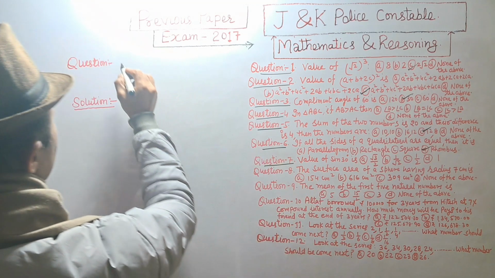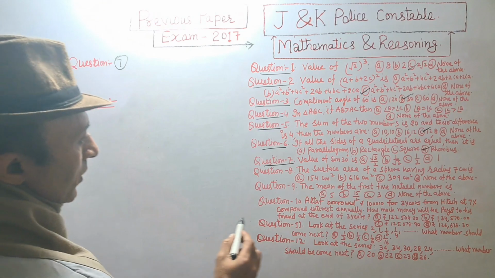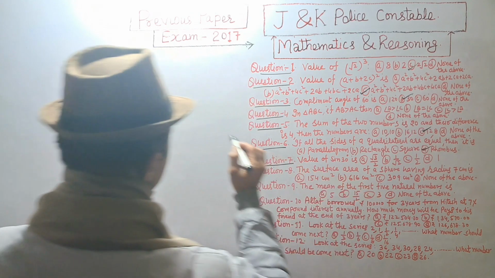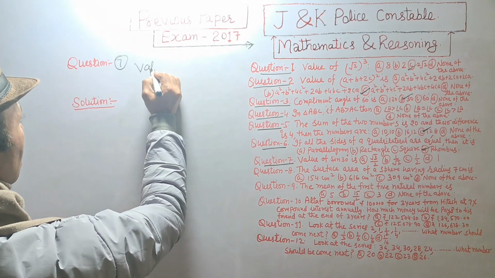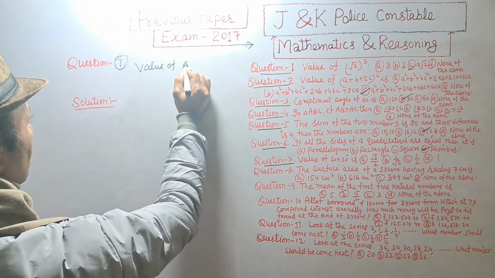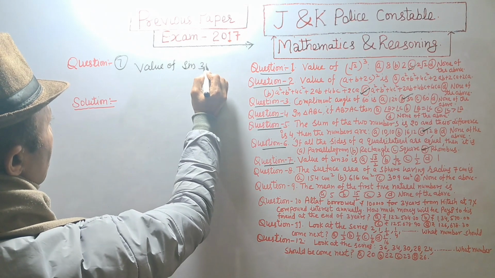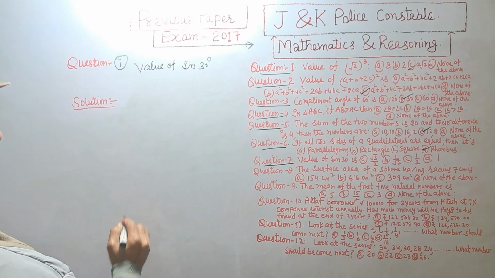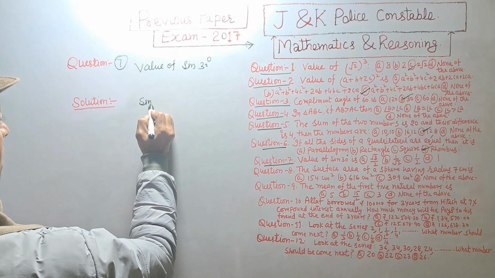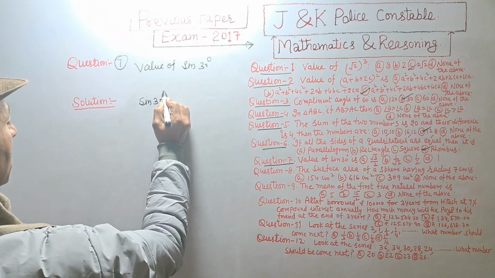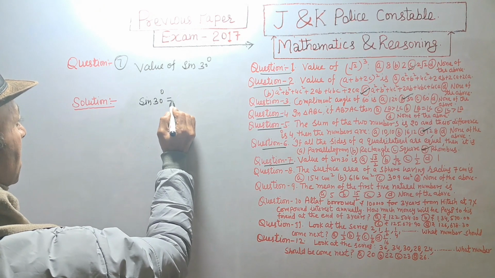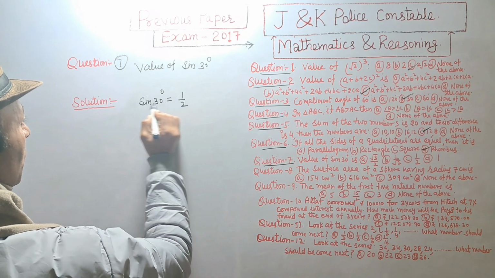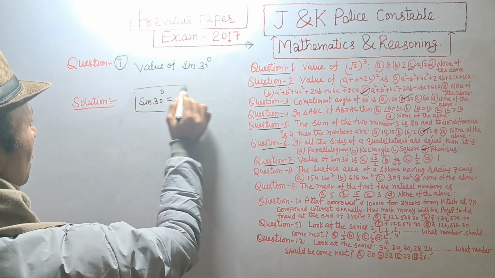Question number 7. Value of sine 30 degree. As we know that sin 30 degree is equal to 1 upon 2.